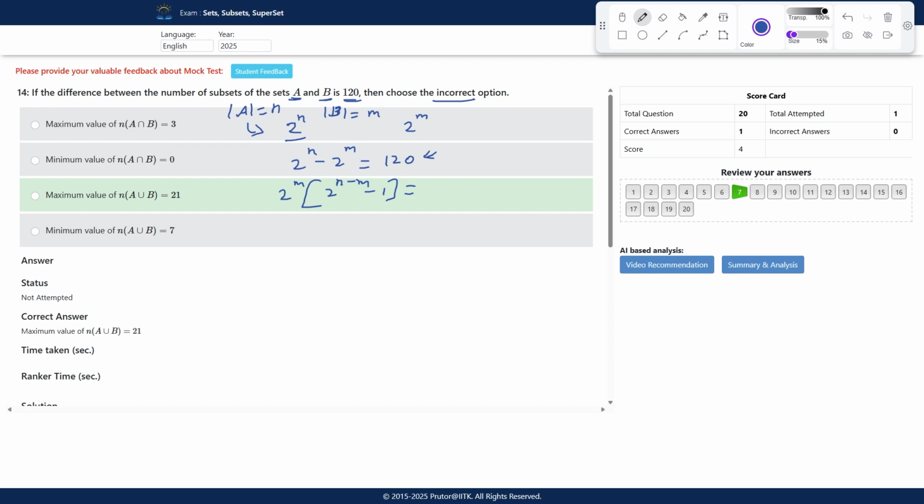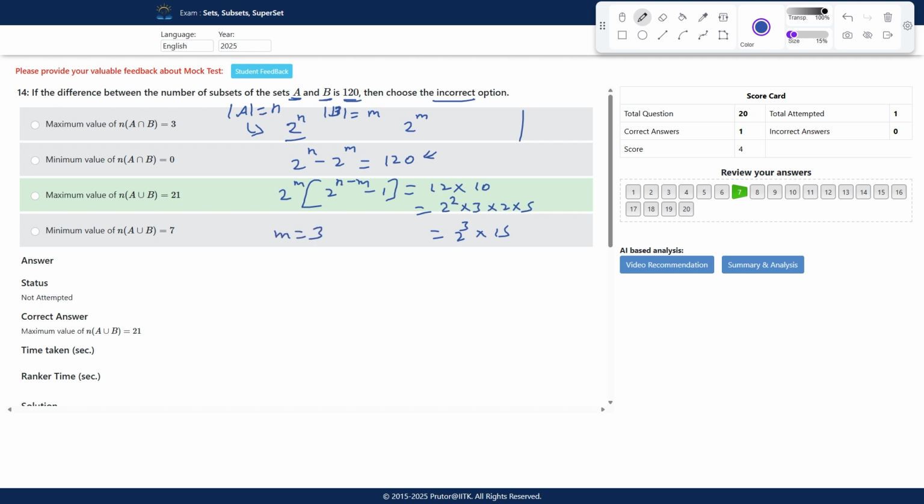So focusing on this, you can factorize it, very simple. 12 times 10 gives you 2 squared times 3 times 2 times 5, which is 2 raised to power 3 times 15. Now you can compare that you are getting m value as 3.